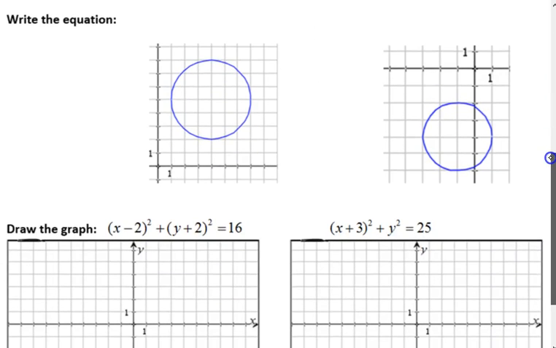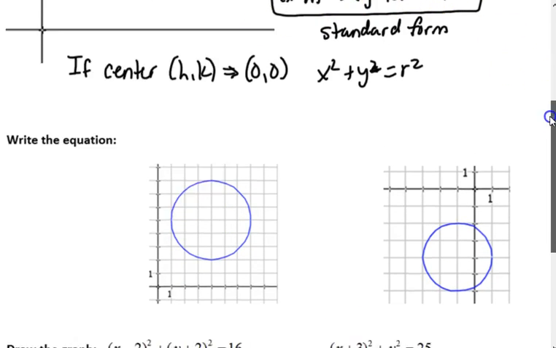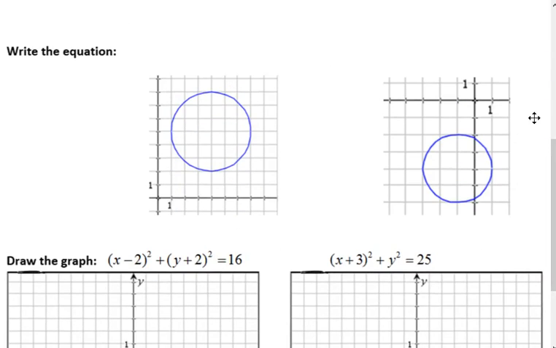Okay, so given the standard form of the equation, x minus h squared plus y minus k squared equals r squared, let's write an equation for a graph. So what we want to do is identify two things, the center and the radius. This has a center of 4, 5, and the radius is equal to 3.